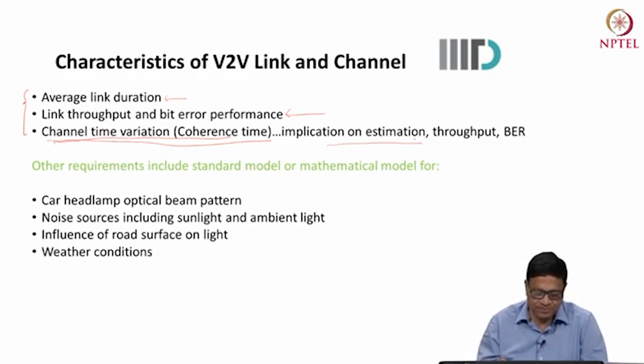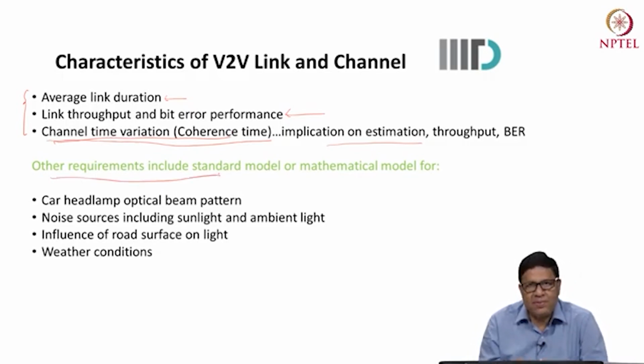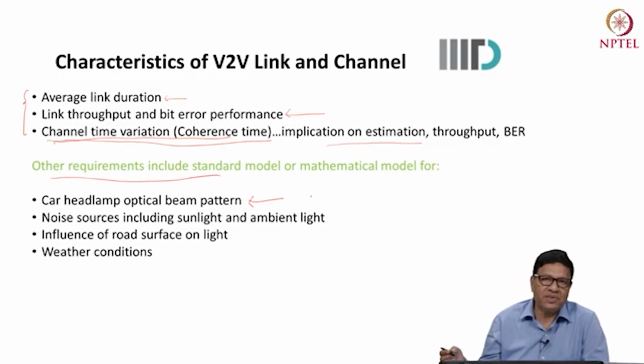Other requirements include standard mathematical models for the car headlamp optical beam, which originally is defined for illuminating the road, not for communication. And it is not symmetrical. It has asymmetrical radiation emission, so that it does not affect the driver coming from the other direction, and it lights up the road in the near field and the far field.